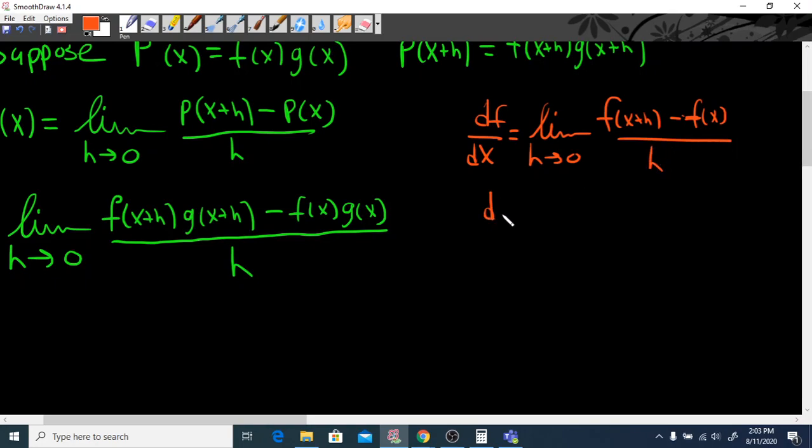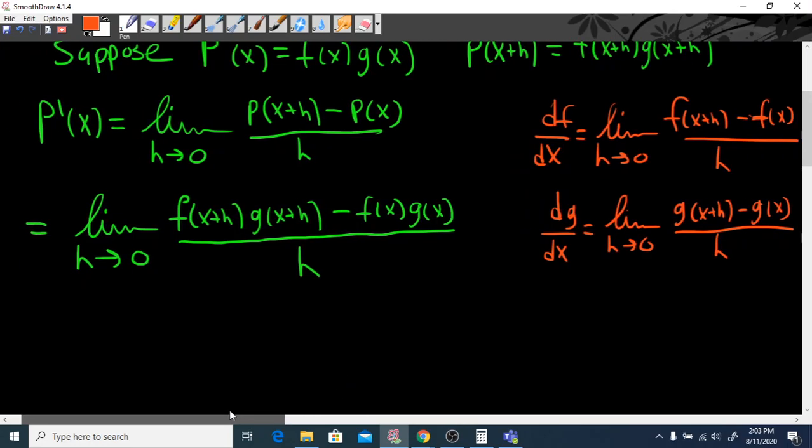The derivative of g is this. There we go. There are the expressions for the derivatives of f and g. We want to basically use these expressions here. But as this is currently written here in green, we don't have any of these expressions. So we have to be clever.